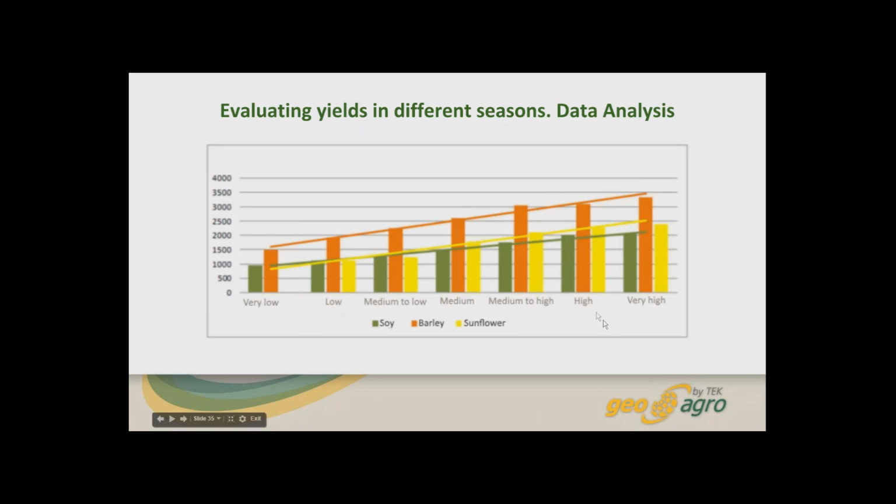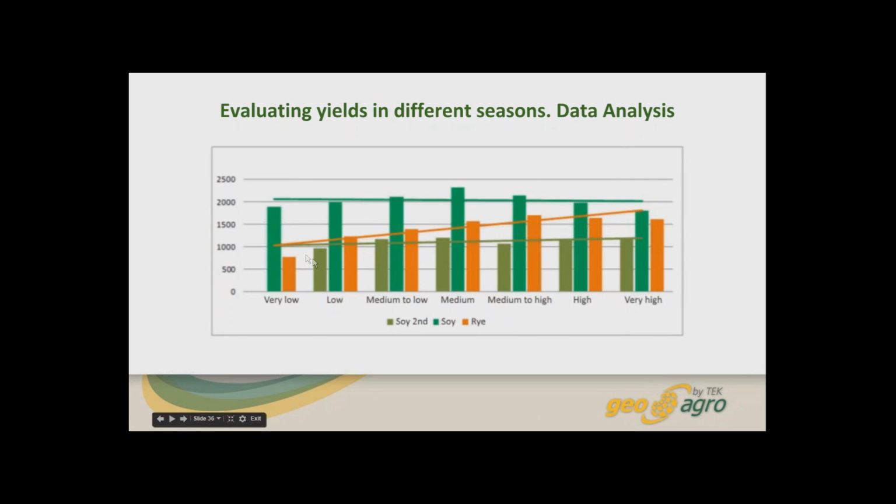So we see that barley, we can see that in the high productivity zones, it will have a higher performance, where that relationship is not so clear in soybean, and we can quantify that relationship. Again, in rye, we have this different performance in different productivity zones, but in soybeans, more or less even. So it's very important to measure what is the yields by zone.